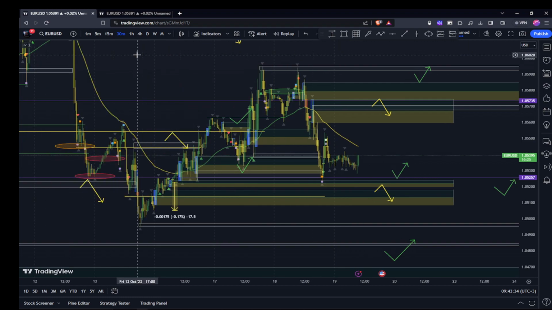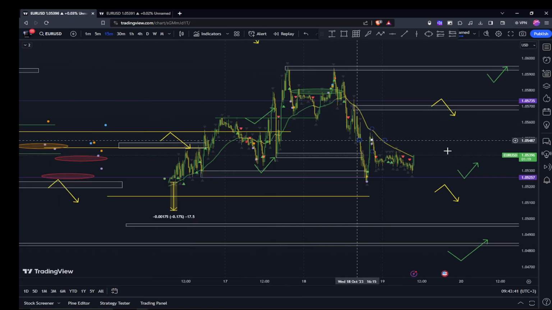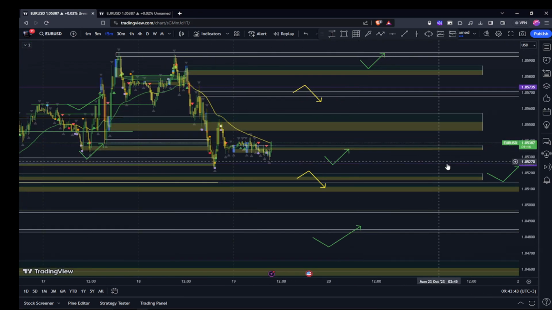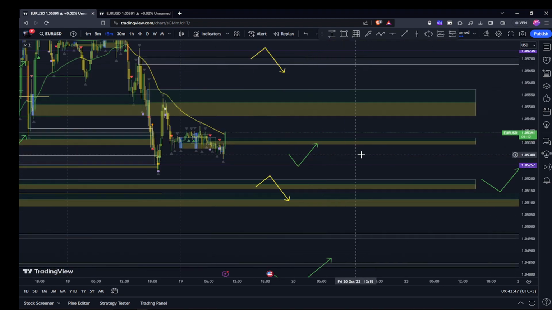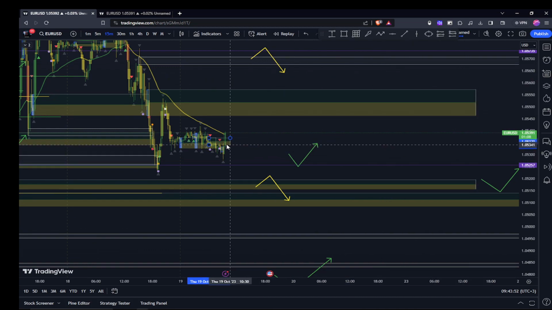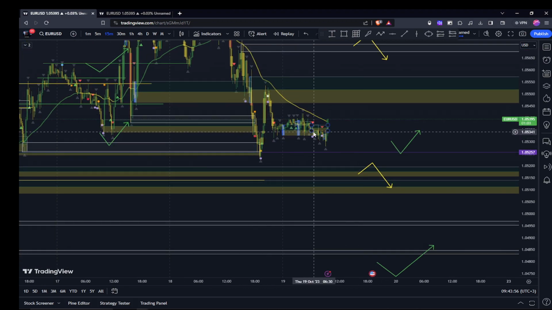Now I go towards the 15 minutes. From 30 I go towards the 15 minutes, and as I look there, I see what the market is telling me. The market always has a story that it wants to tell.